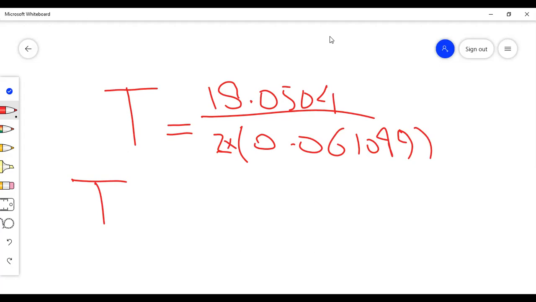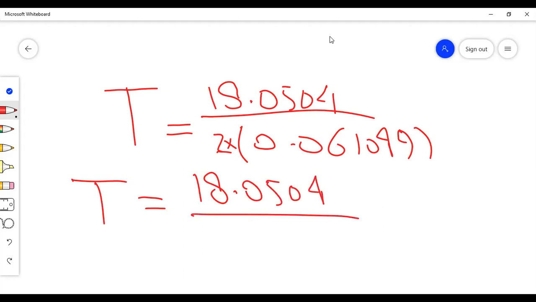Now what you will have to do? Let me solve this for you. 18.0504 divided by 0.061049 multiplied by 2.